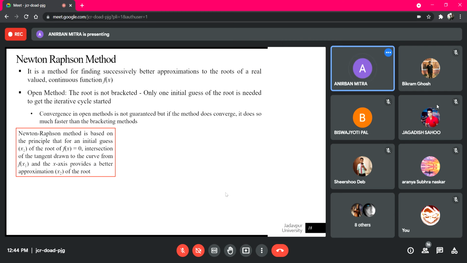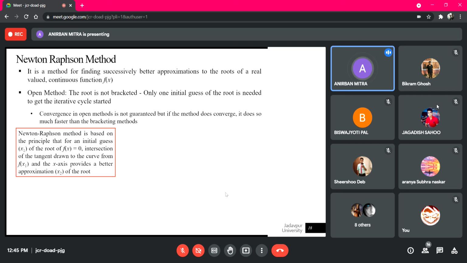We have an initial guess x1. We have the functional value f of x1. From the point f of x1, we draw a tangent to the curve fx. Where it intersects the x-axis, we consider that as a better approximation of the actual root.